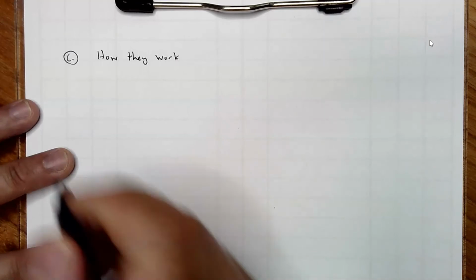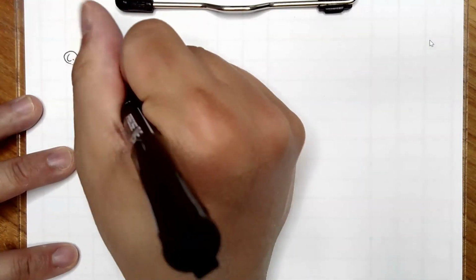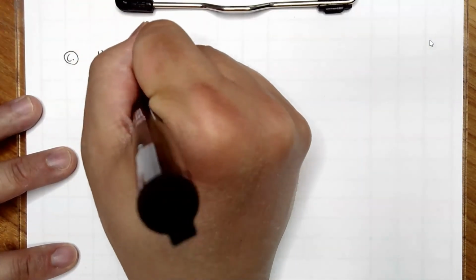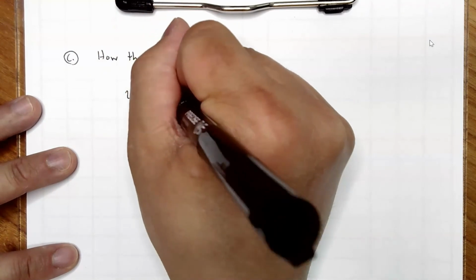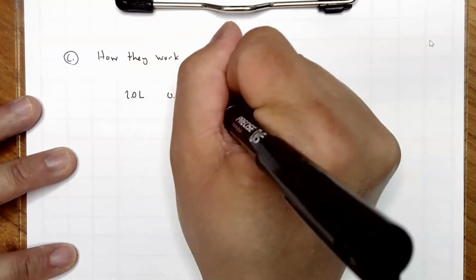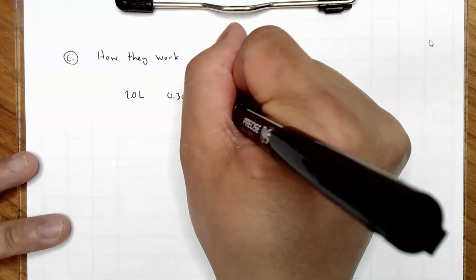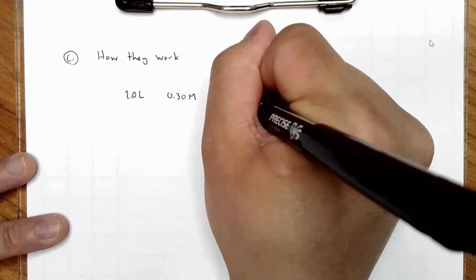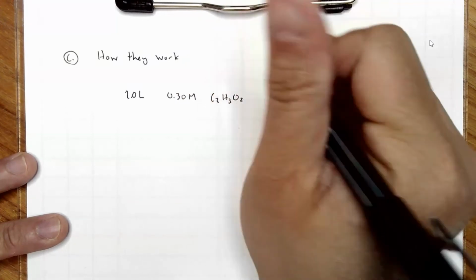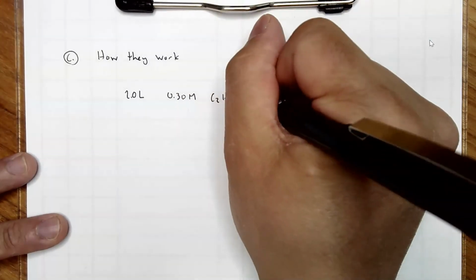Let's have 1 liter of 0.30 molar acetic acid. Another way you could write acetic acid is C2H3O2H, and it doesn't matter where you put the H. We'll put it at the end.